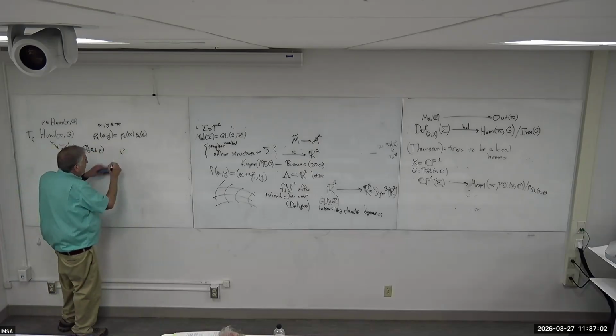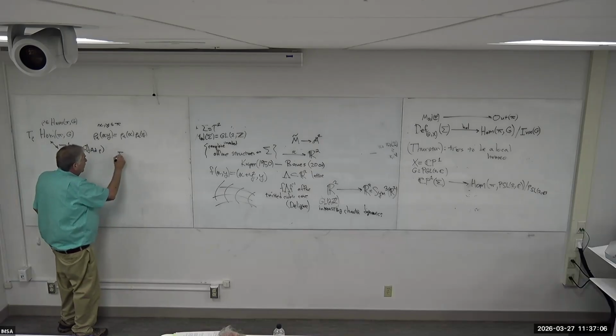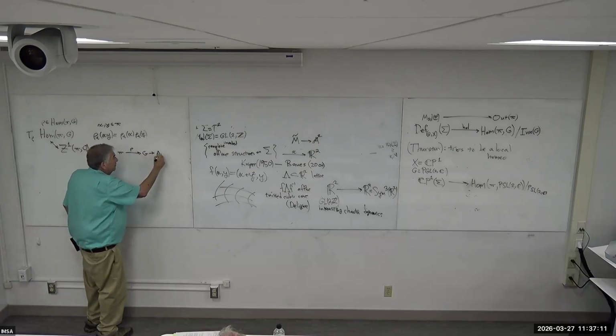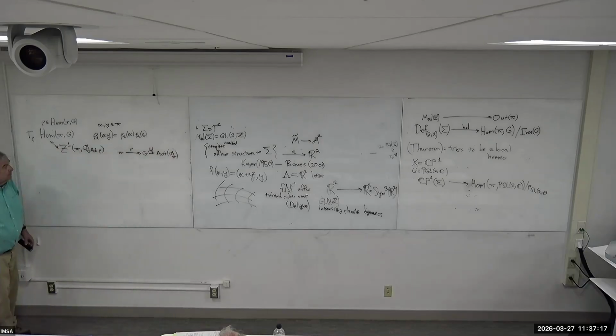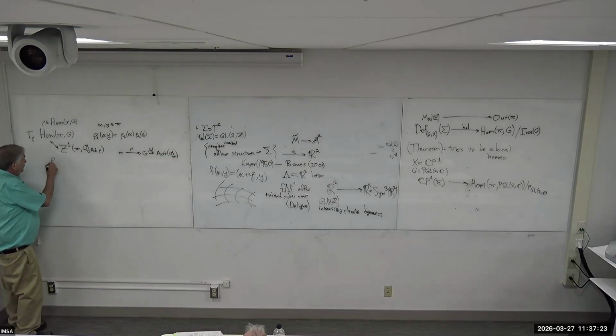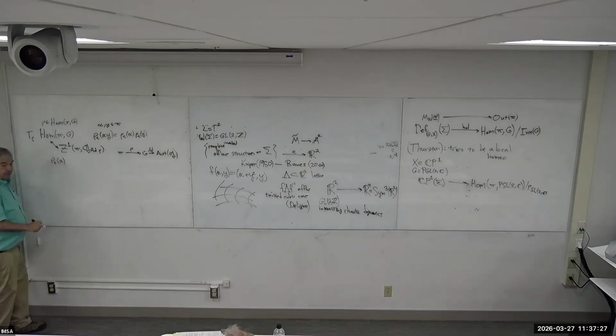So rho goes from pi to G to the automorphisms of the Lie algebra. Okay, so how do we see that? This is pretty straightforward. We want to say rho sub t of x. Well, we want to differentiate it. So when we differentiate it at t equals 0, we're at rho of x.